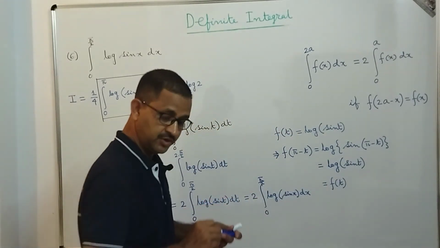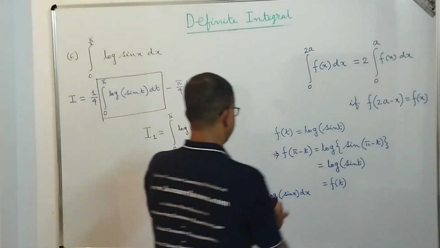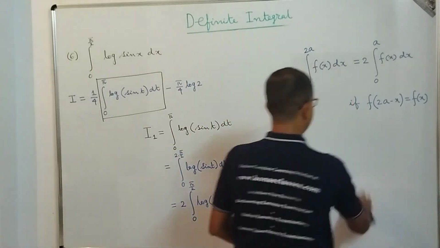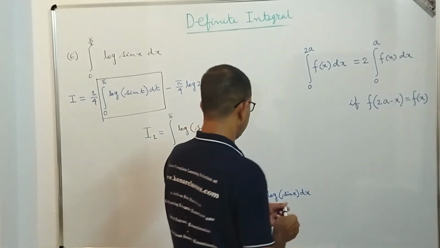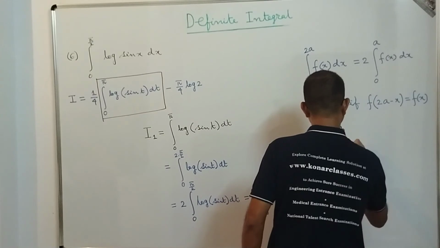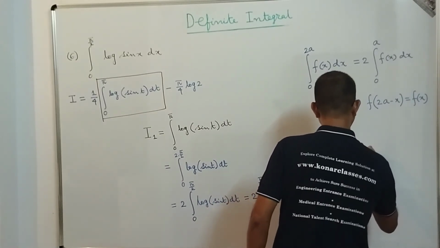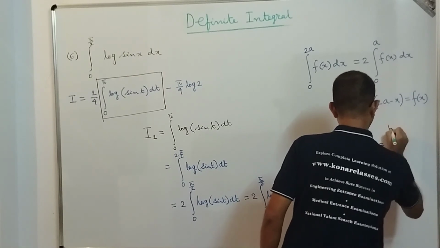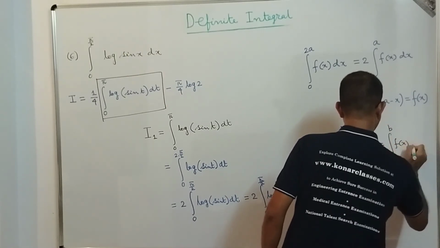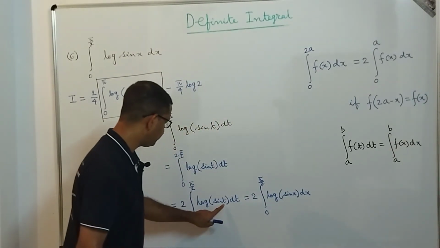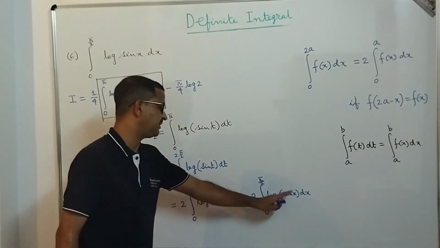We know this rule that integration from a to b of f(t) dt is equal to integration from a to b of f(x) dx. So we just replace the variable t by x.